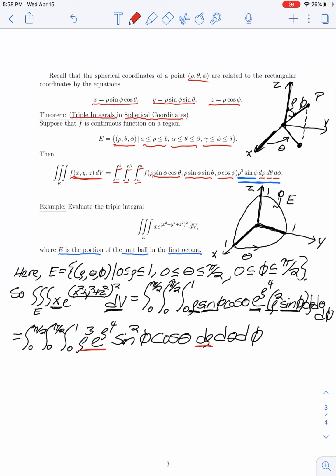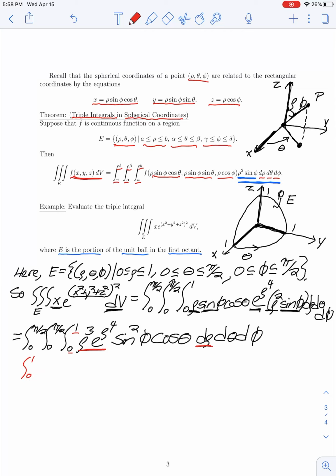The only terms that depend on rho are these first two, and then we're evaluating from 0 to 1. So when I integrate this with respect to rho and plug in 0 and 1 and take my difference, I'm left with a constant with respect to theta and phi. So this innermost integral, we can pull out in front of the other two integrals.